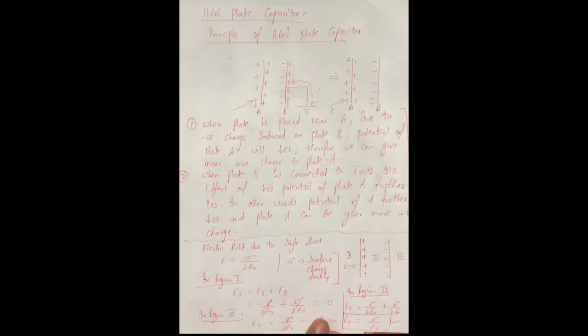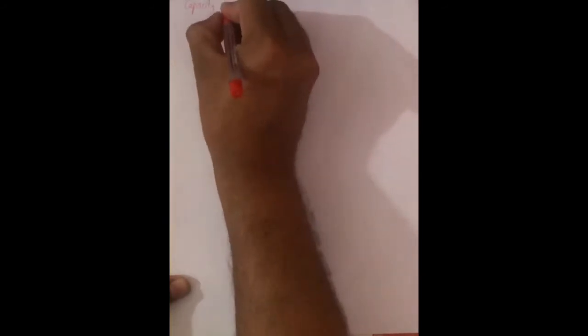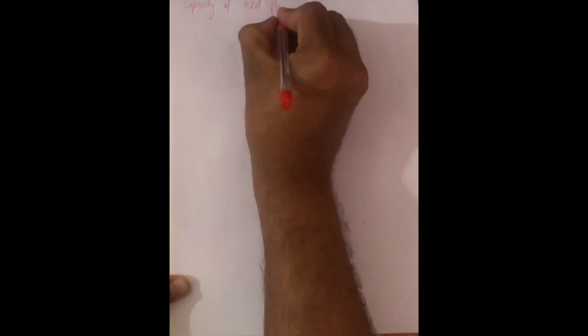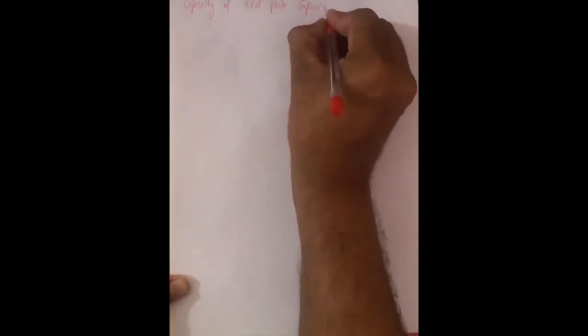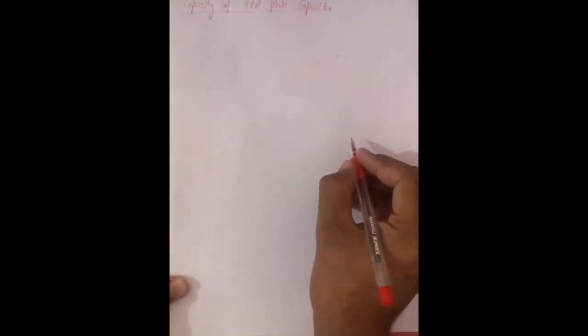Now we will be using this expression in calculating the capacitance of a parallel plate capacitor. Next we are going to start with the topic, capacity of a parallel plate capacitor. We will be calculating the capacitance of a parallel plate capacitor in this topic.